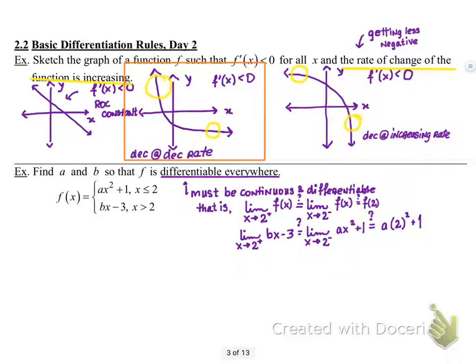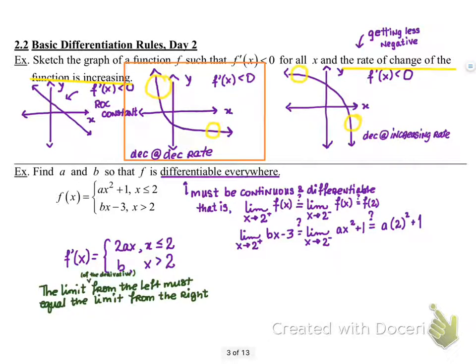So we are going to examine that quickly and figure out what values of A and B would make the derivatives match on both sides.